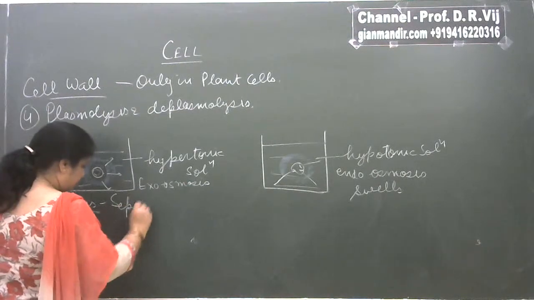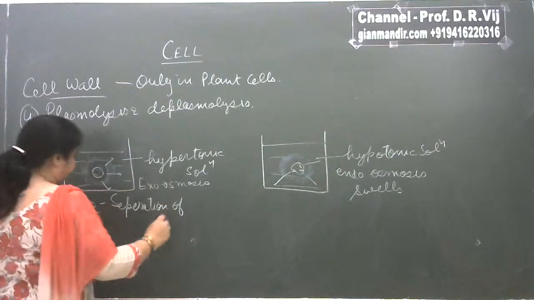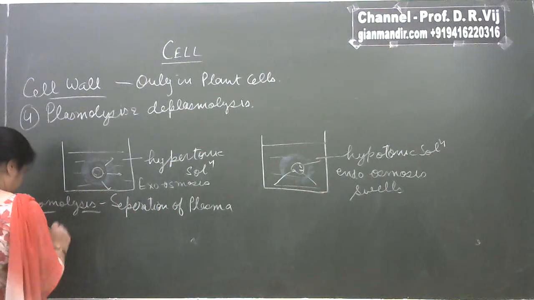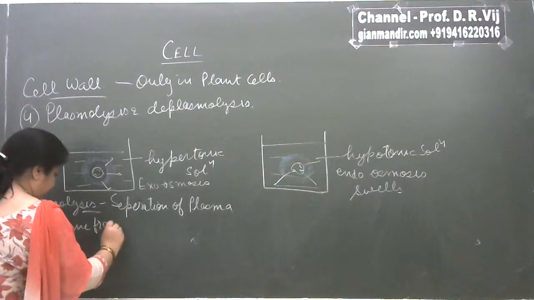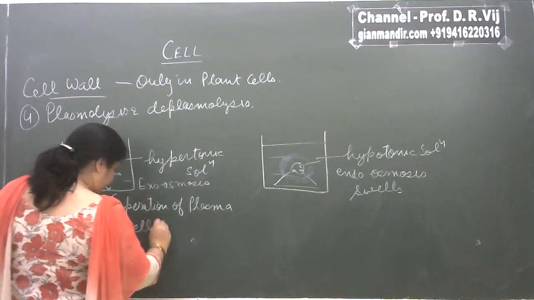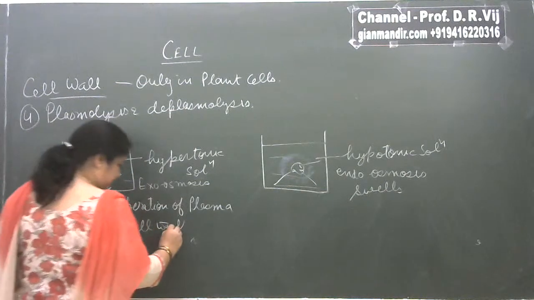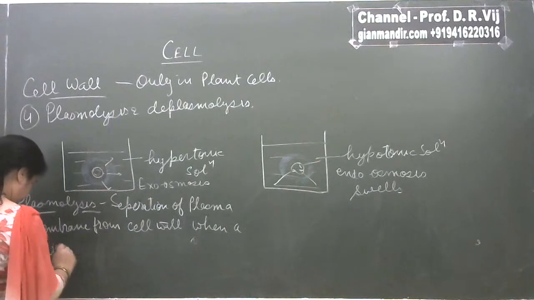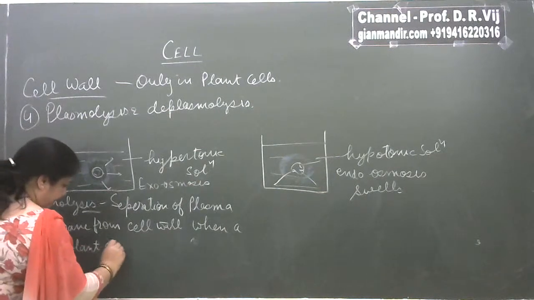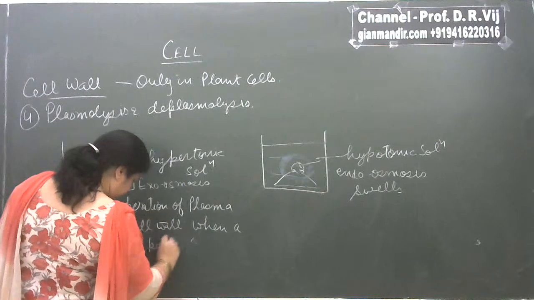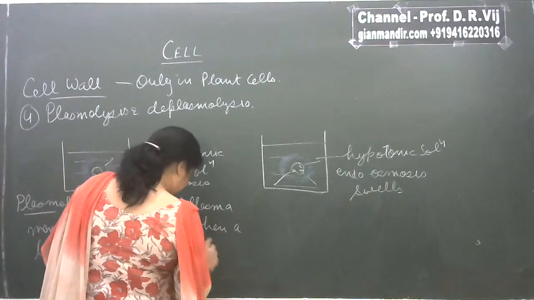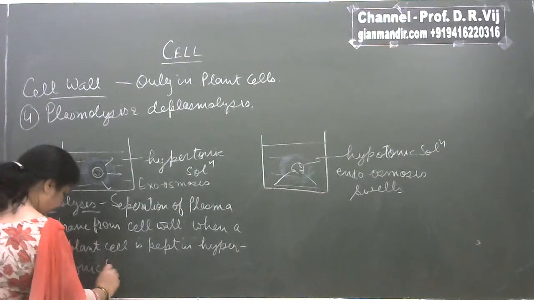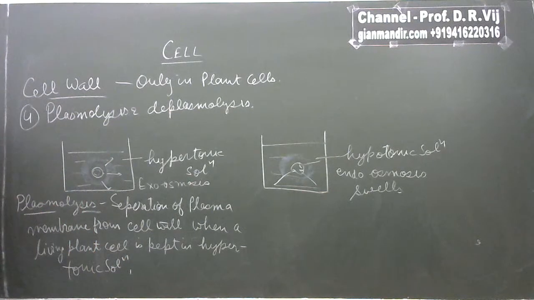Plasmolysis is separation of plasma membrane from cell wall when a living plant cell is kept in hypertonic solution. So that separation is known as plasmolysis.